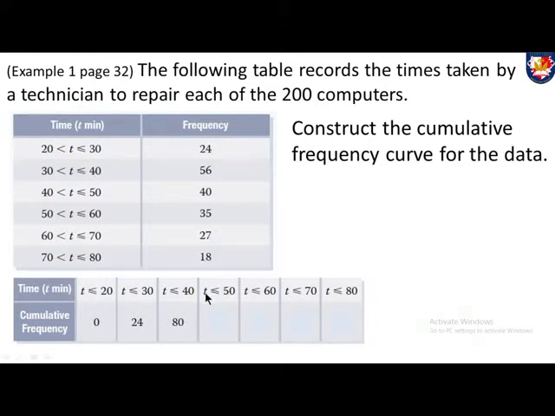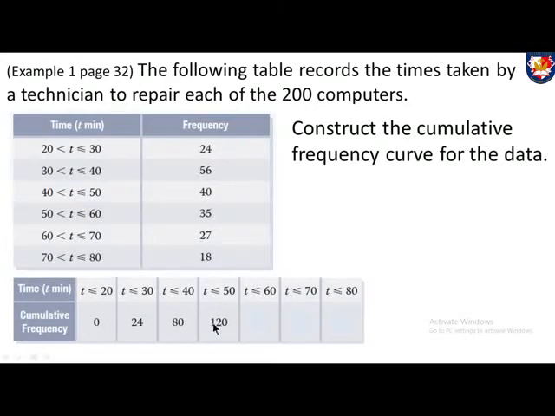And then for T less than 50, there are three rows that are less than 50, so we need to add these three numbers together: 24 plus 56 plus 40, which is equal to 120.